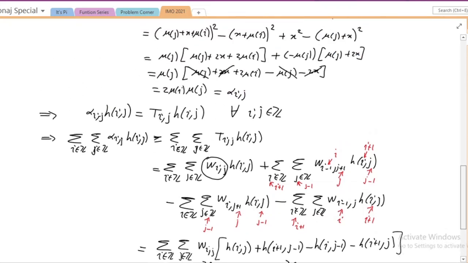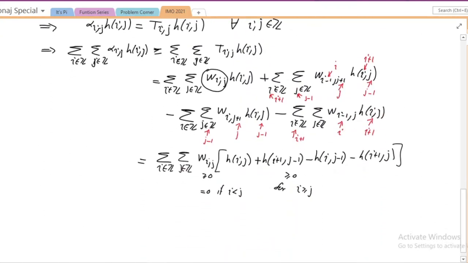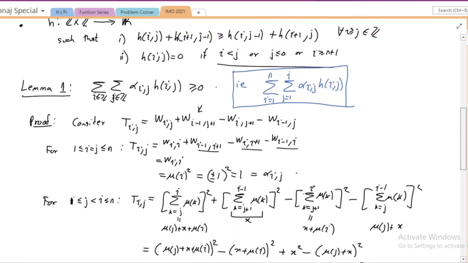Remember, w is good in the green region, but outside that is 0. So if i is less than j, because of w, this neutralizes the entire term, and then otherwise we just have that both terms are at least 0, and multiplying we get a non-negative number. We sum over all this and we conclude that it is non-negative. Okay, so far so good. So we've proved this lemma.